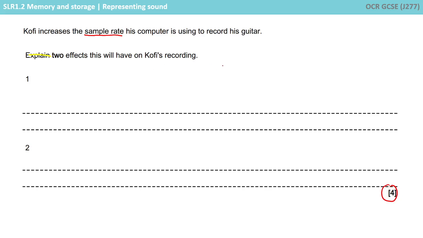So with your explain, you have to make your point, and then because. We've got to explain the effect and then because. So what's the effect of increasing the sampling rate? One effect would be the file size would increase.